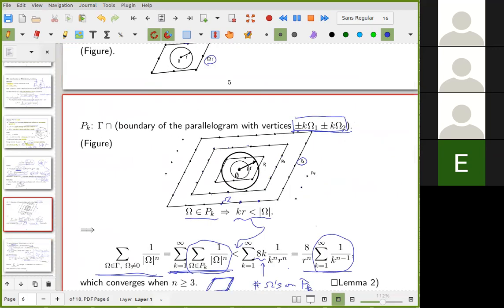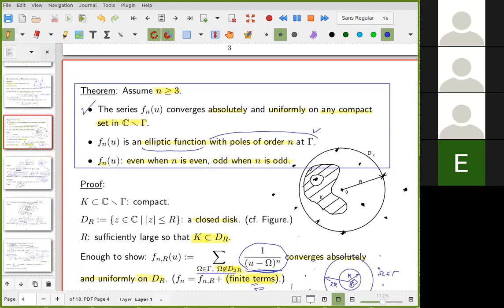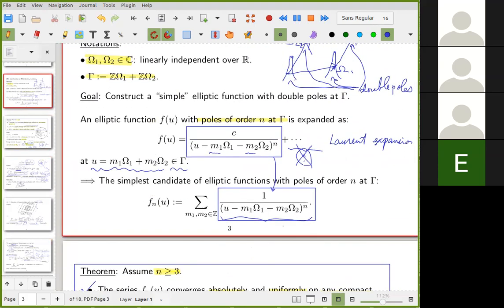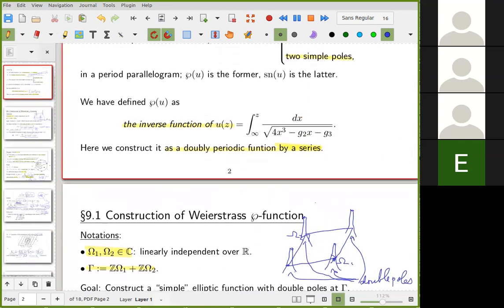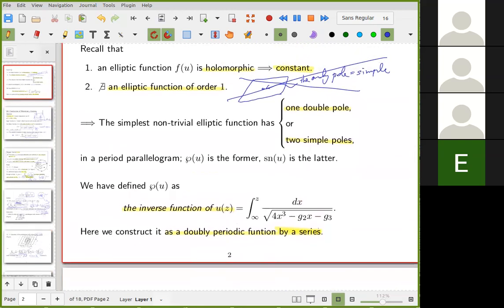Fine, we have constructed actually a series of elliptic functions by this. The problem with this construction is that we have constructed third poles and higher order poles, but not a double pole.